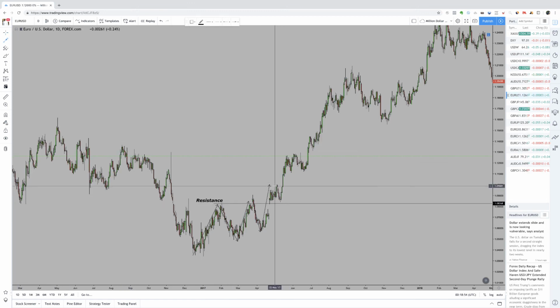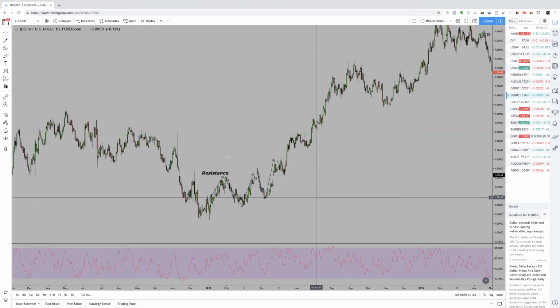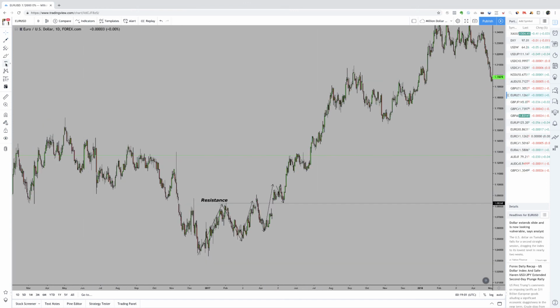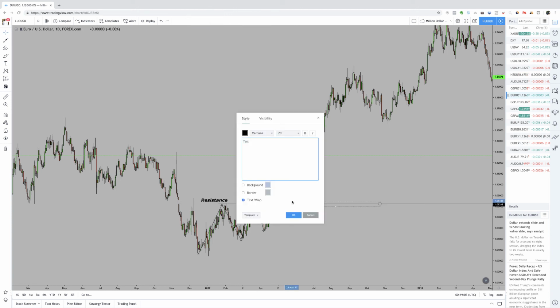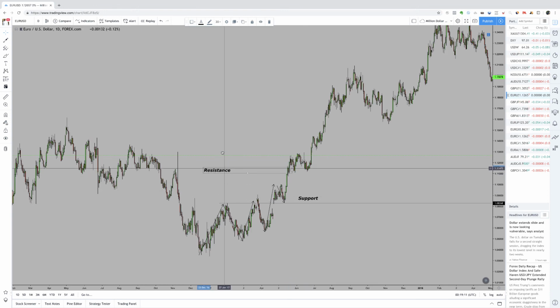Now, this same resistance, price came back down, respected this same area. This is known as support. Now, it's no longer resistance, it's going to be support.